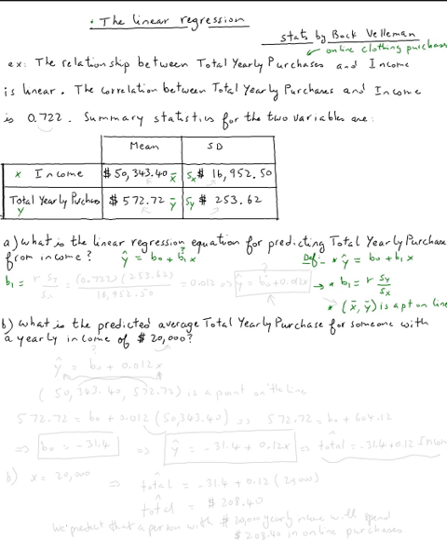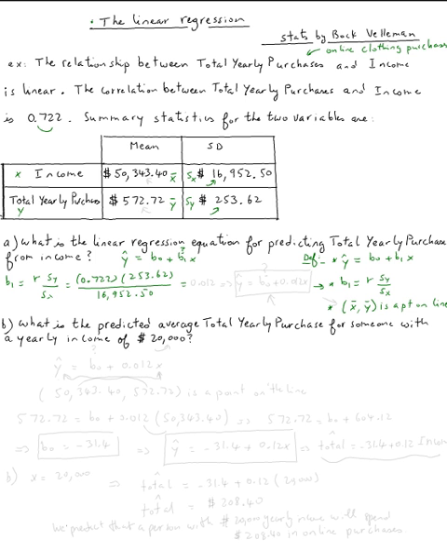So b1 is equal to r times sy over sx. r is 0.722, it's a given, times sy, which is 253.62, also given, divided by sx, given right here, 16,952.50.